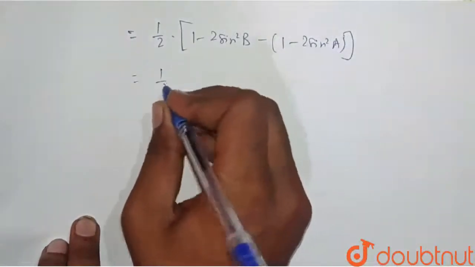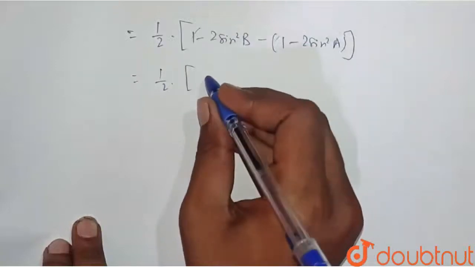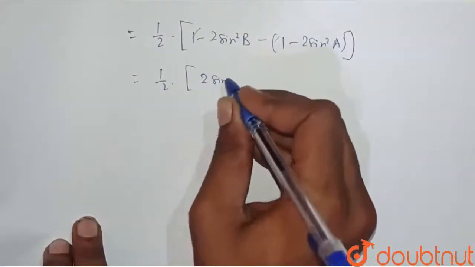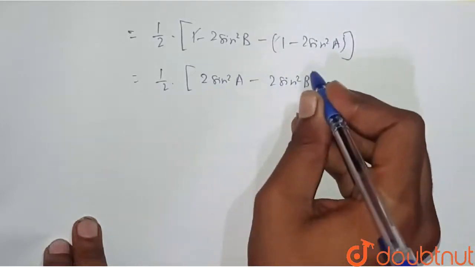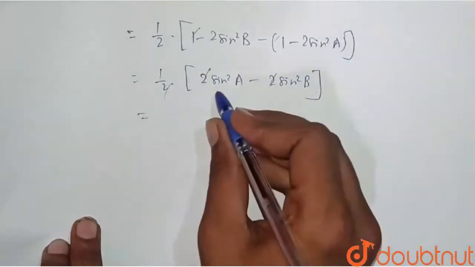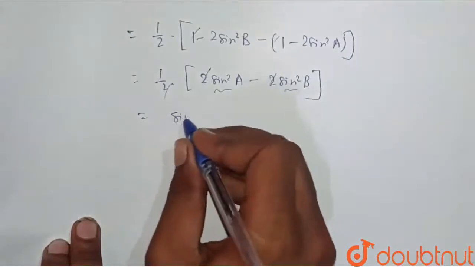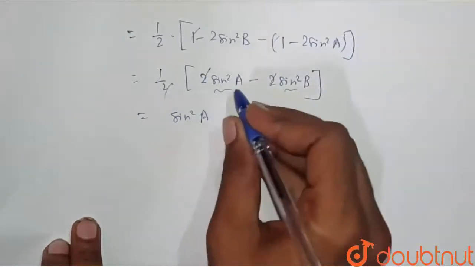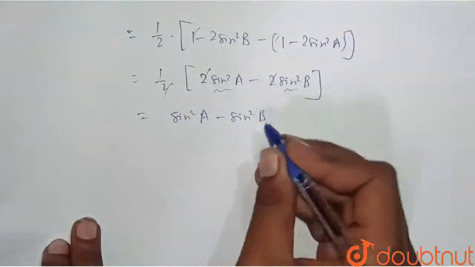If we simplify this, the ones cancel out, and we get 2 sin square a - 2 sin square b, and the 2s cancel out. So we will get the form of a square minus b square, that is sin square a - sin square b.